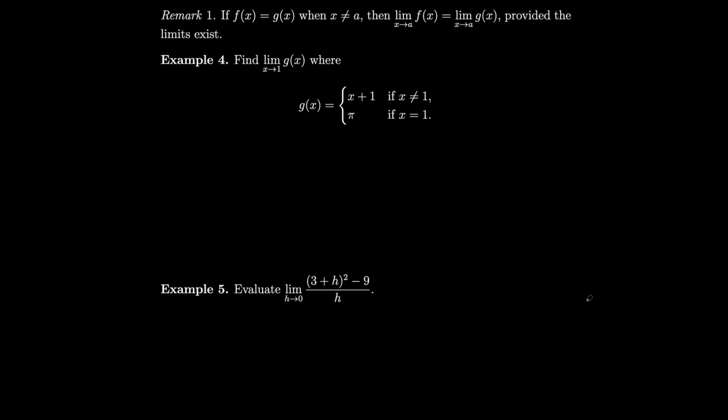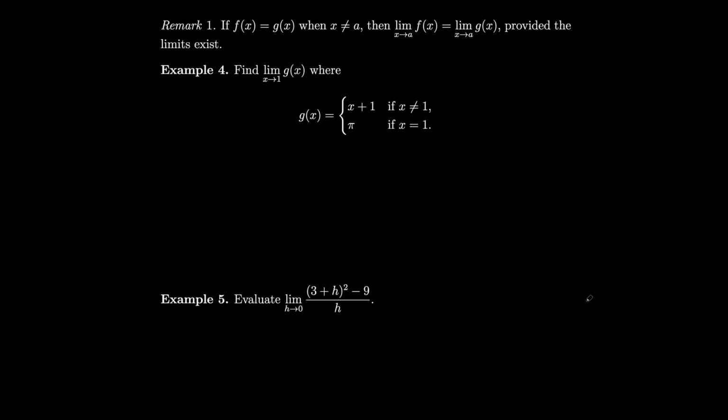Let's find the limit as x approaches 1 of g of x, where g of x is x plus 1 if x is not equal to 1, and it's pi if x is equal to 1. Okay, so since g of x is equal to x plus 1 whenever x is not equal to 1, that implies that the limit as x approaches 1 of g of x will be equal to the limit as x approaches 1 of x plus 1, because they match whenever we're not looking at the value that we're approaching for our limit.